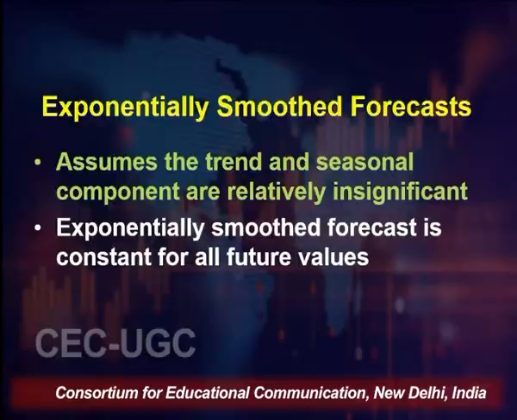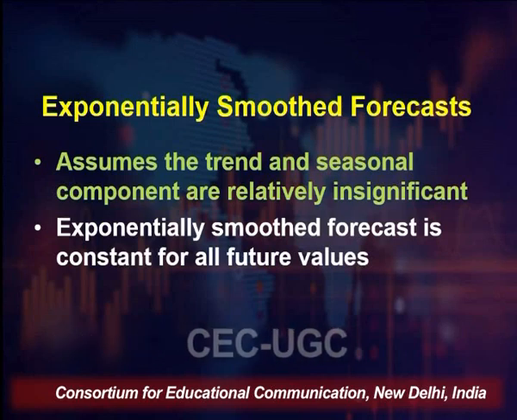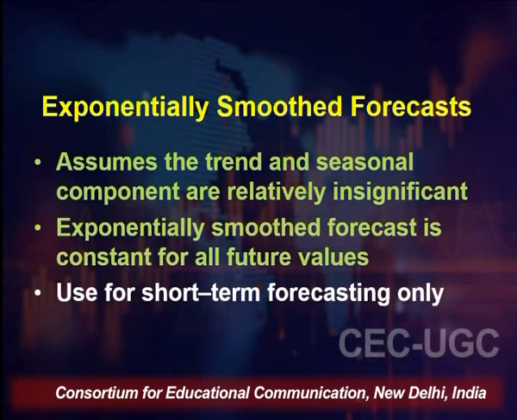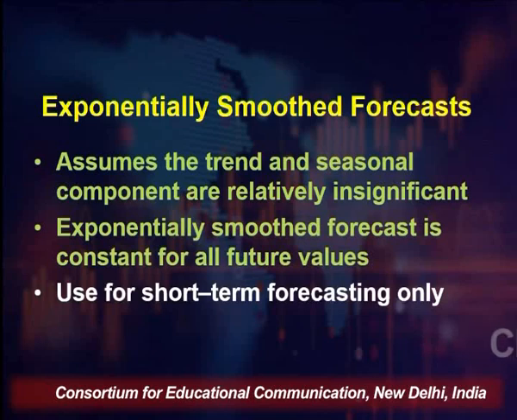As I told you about the outliers previously, they have a relatively insignificant role for the purpose of prediction. So once we go for predicting, we have to understand that it is relatively insignificant if the change is seasonal. The exponentially smoothed forecast is constant for all future values, and it is used for short-term forecasts only.